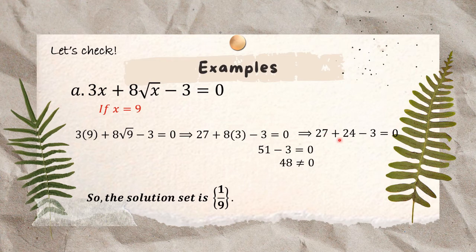And 27 plus 24 is 51 minus 3 is equal to 0. And the difference between 51 and 3 is 48, which is not equal to 0. So the solution set is 1 over 9 only. So those are our values of x. And here, +9 is an extraneous solution po. It is a value of x but it is not a solution of the equation. That is what we call an extraneous solution.